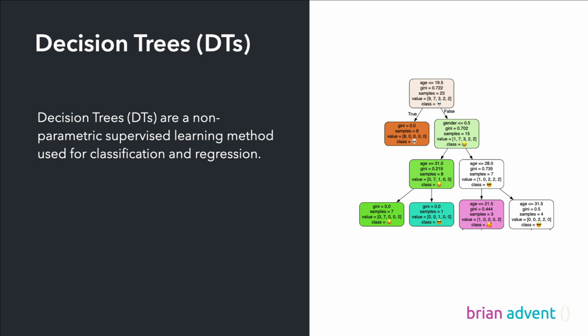But if this is false, we move along a different path and come to this node where we'll now have to distinguish between gender, or we have this condition that gender is less or equal to 0.5, and if this is true, then we move along this path, and if it's not, we move along here, and so on and so forth. And this tree goes on for a bit. We will have a look at this and the process of creating such a visualization in code later on.